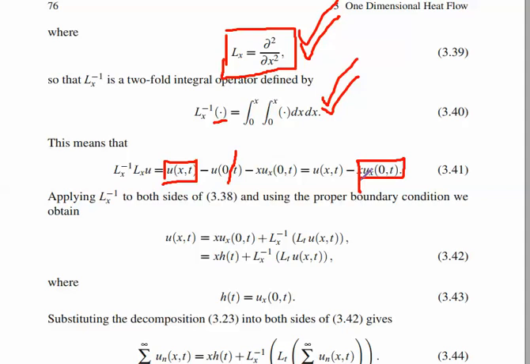We can also call this the zeroth order solution.